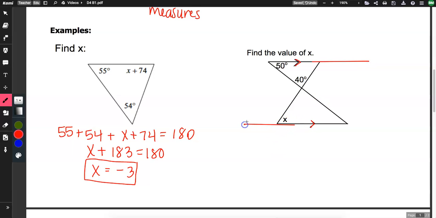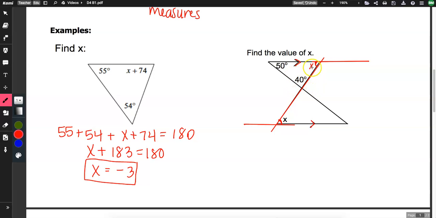And then extend that transversal as well or highlight it or something so that you can kind of see how we're building that transversal within the parallel lines. That helps me make the connection that this angle x here should be congruent to this one up here because those guys would become alternate interior angle measures.